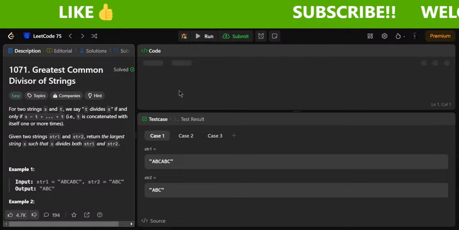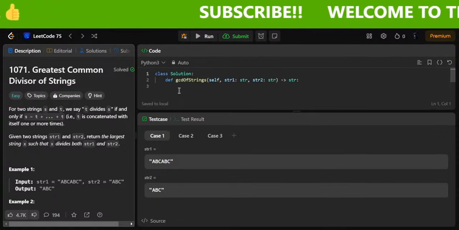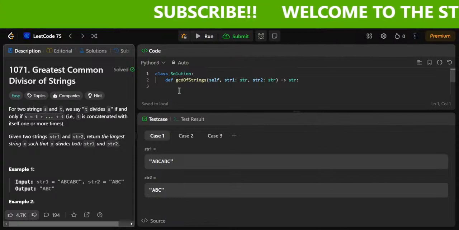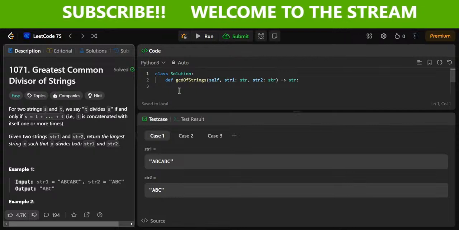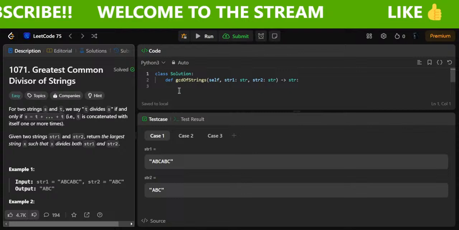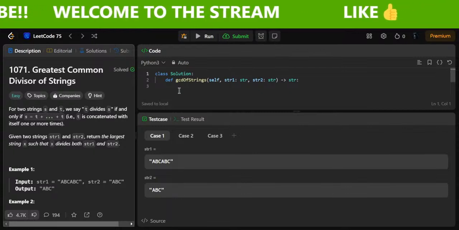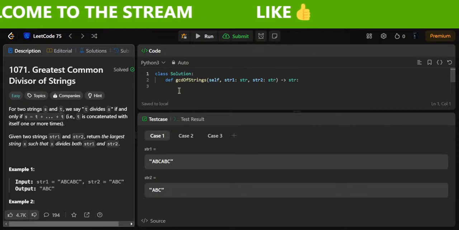Greatest common divisor. It could be a tricky one because I don't even remember how I solved it last time. I have solved this, but don't even remember. So there are two strings and I have to find the common divisor. Okay.